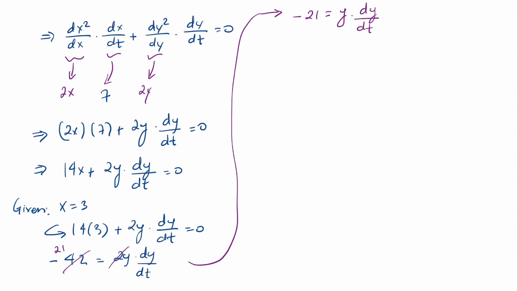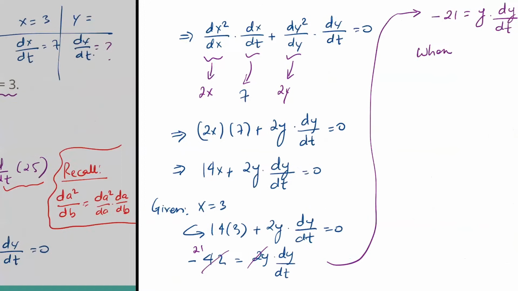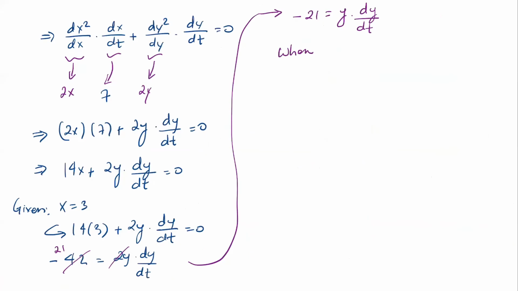And because we have the value for y to be positive and negative 4, when y is positive 4, dy over dt equals negative 21 divided by 4.